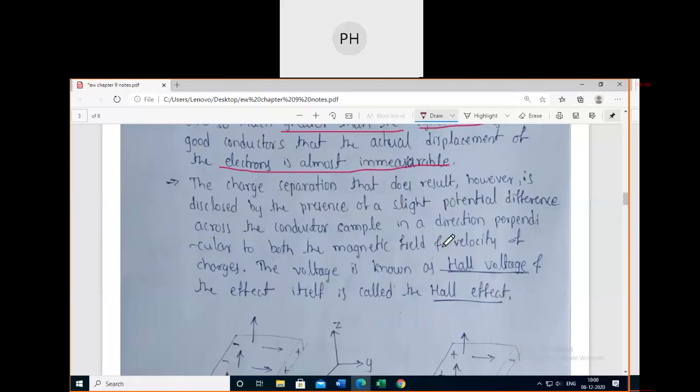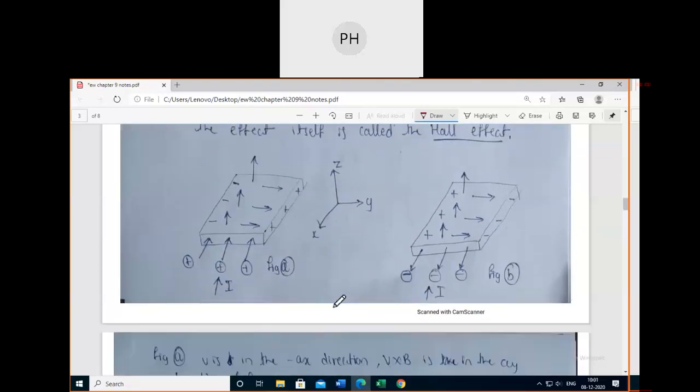The charge separation that does result is disclosed by the presence of a slight potential difference across the conductor sample in a direction perpendicular to both the magnetic field and the velocity of the charge.